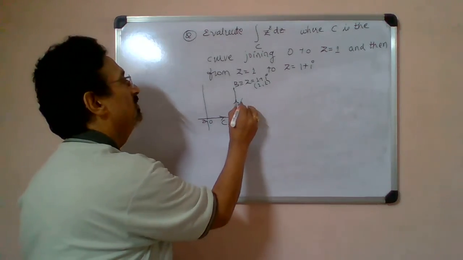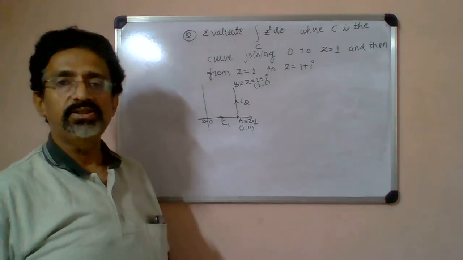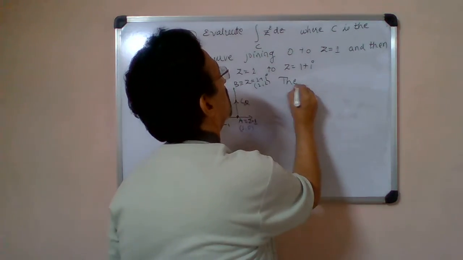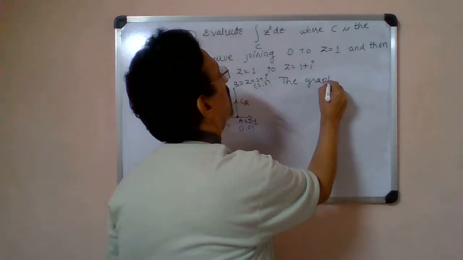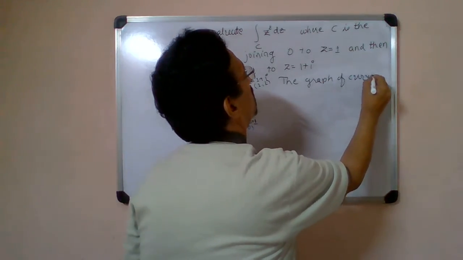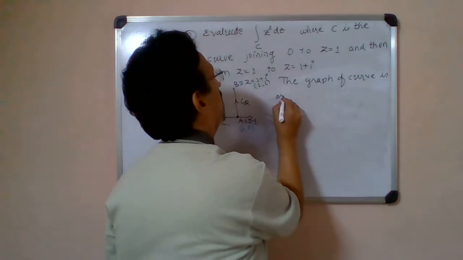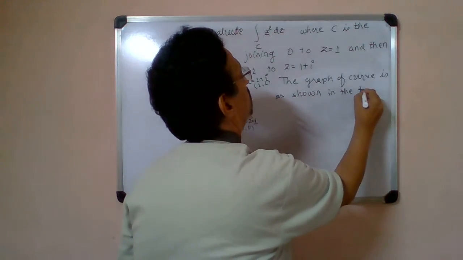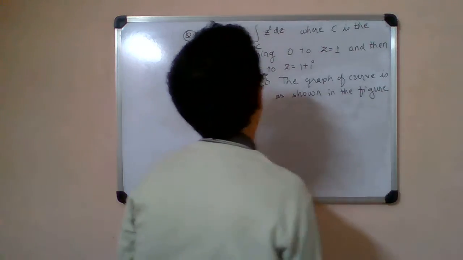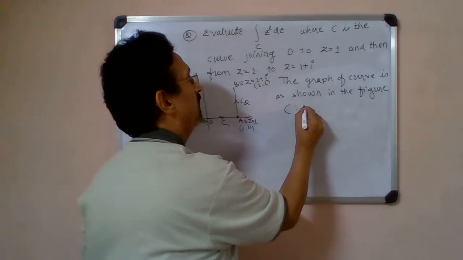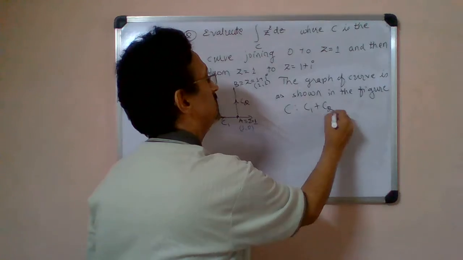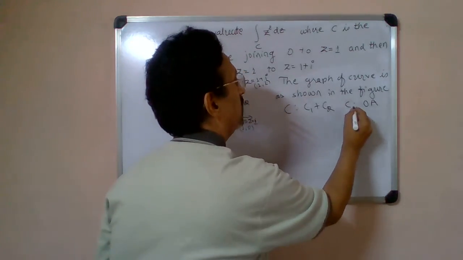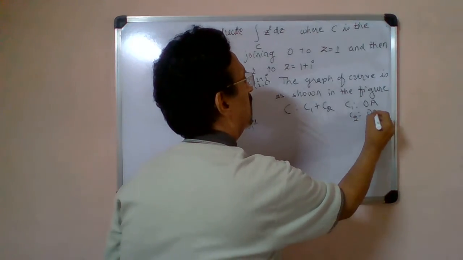So it is made up of two parts, C1 and C2. Therefore the graph of the curve is as shown in the figure. So C consists of C1 plus C2. C1 is the line OA, C2 is the line AB.